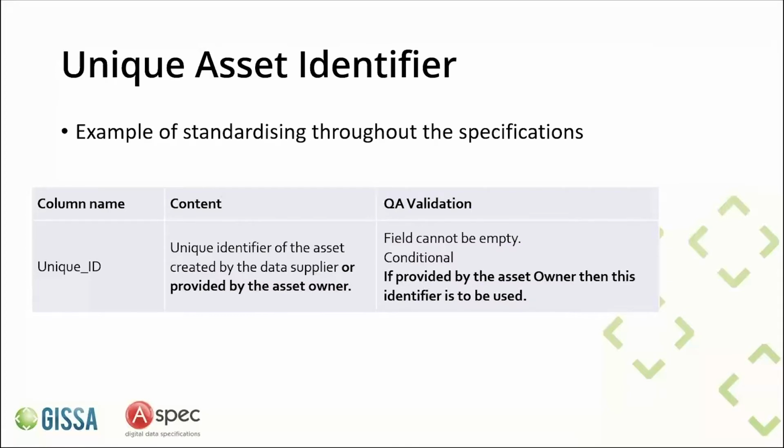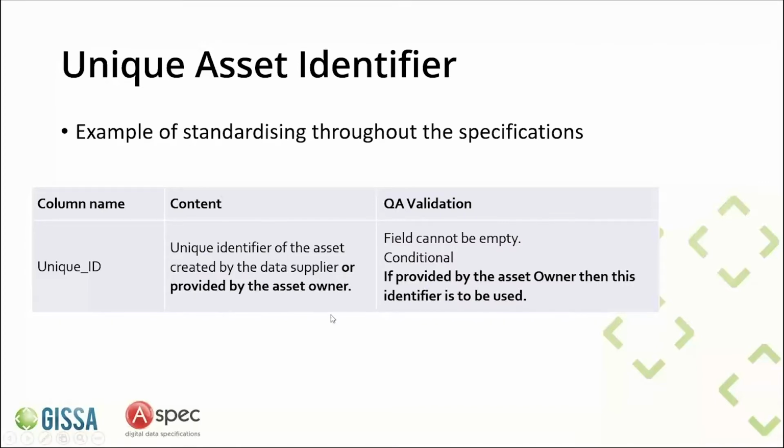Part of our standardization and harmonization, we look at where we need to make modifications. So this was raised prior to our previous forum. What we identified was that we are being inconsistent in the way that we have created the content and the QA validation for a unique ID.